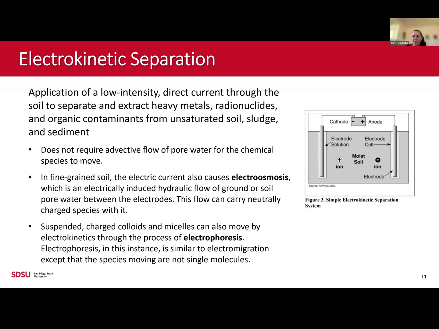And because of this, we have essentially generated an electrically induced flow of water that can even carry some neutrally charged species with it as well. This is in more of the fine-grained soil as opposed to the bigger pore space soil.